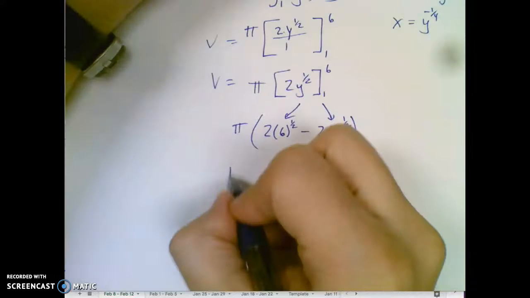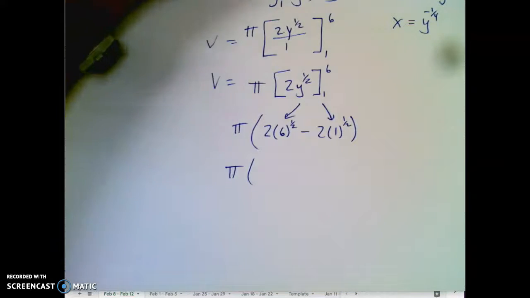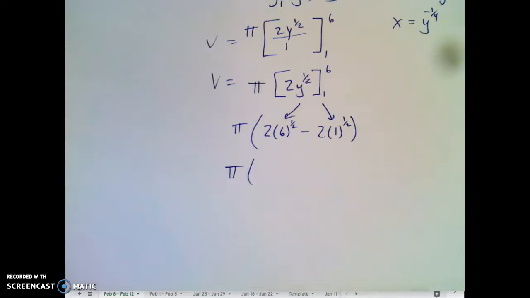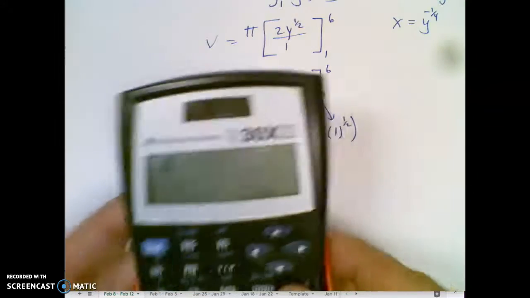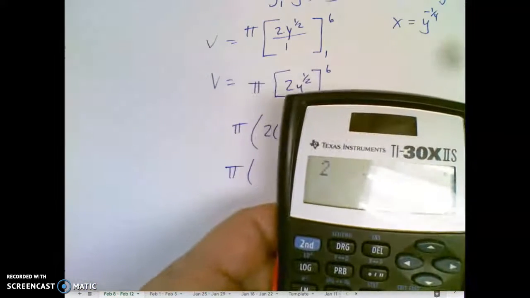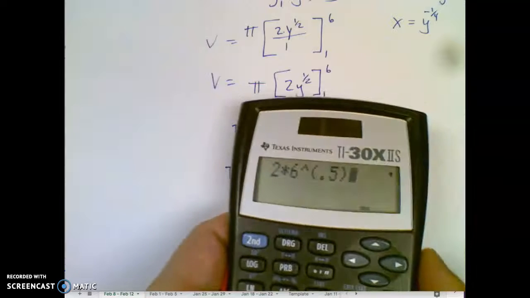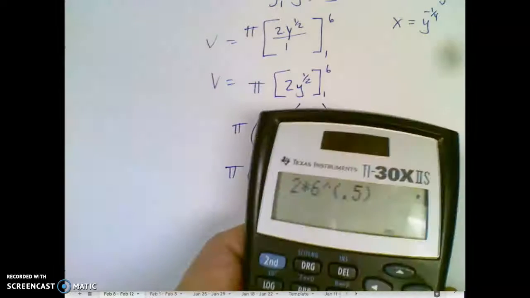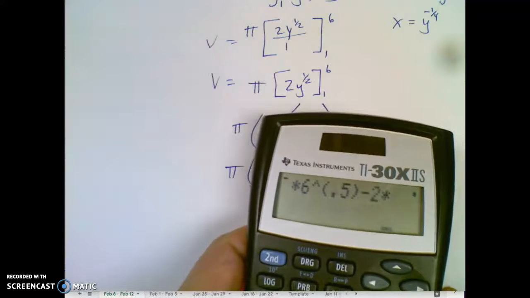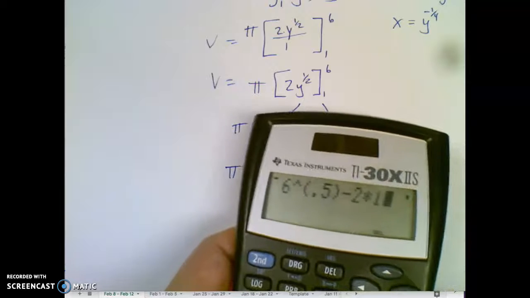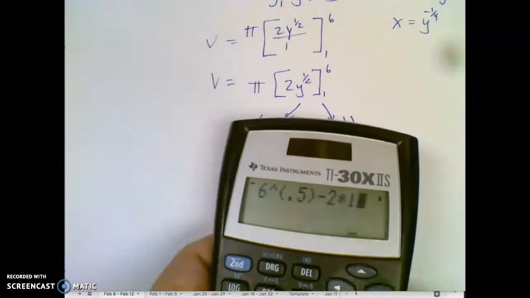Okay, there's still a pi here. And then I'll do 2 times 6 to the 1/2, and then minus 2 times 1 to the 1/2. But I know 1 to any power is still 1.